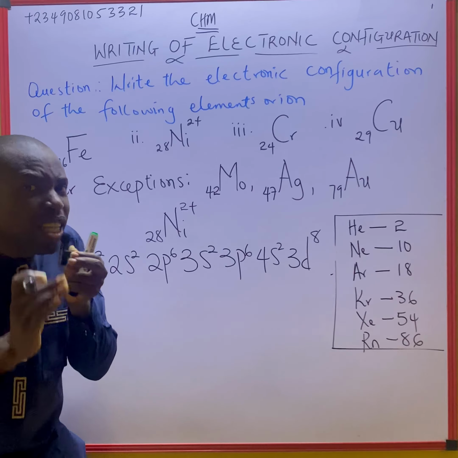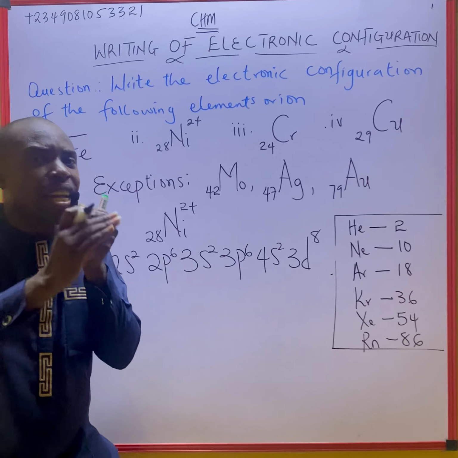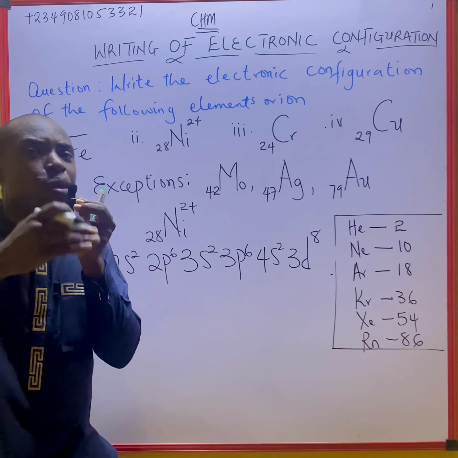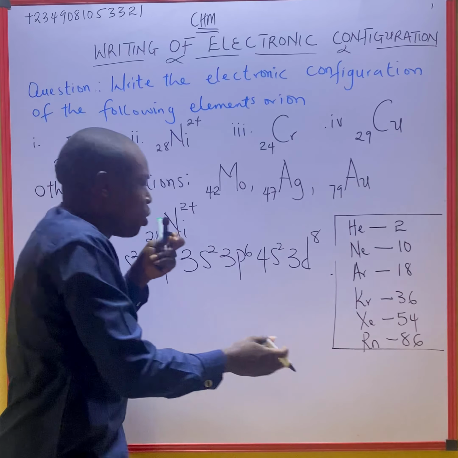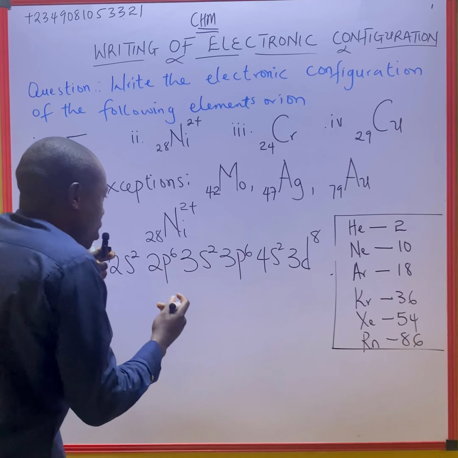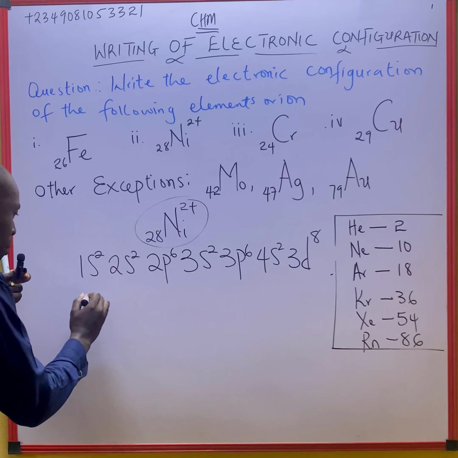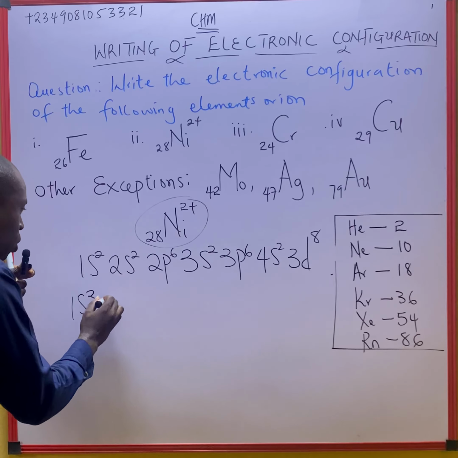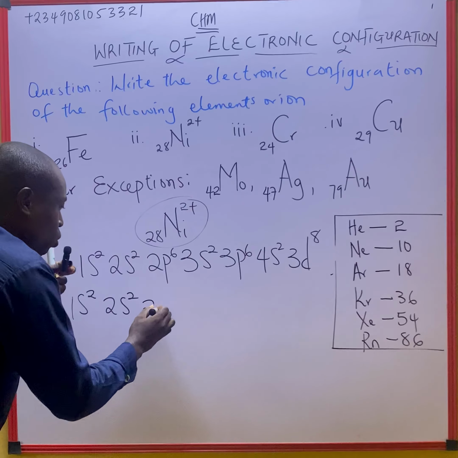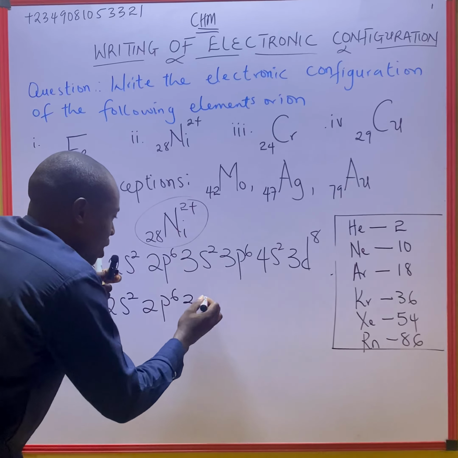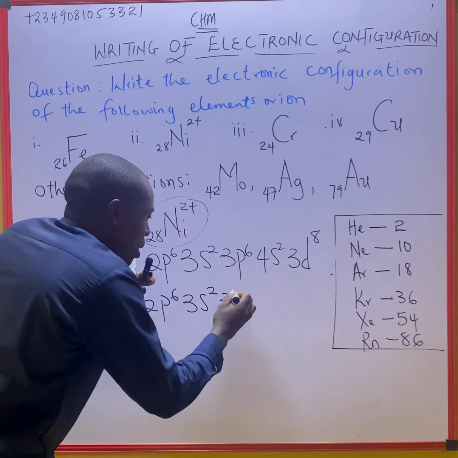Take note, when the 4s orbital electrons are removed and there is still more to be removed, you can now move to the d. So in this case, what will I do? For this particular species, it will now be 1s2, 2s2, 2p6, 3s2, 3p6.